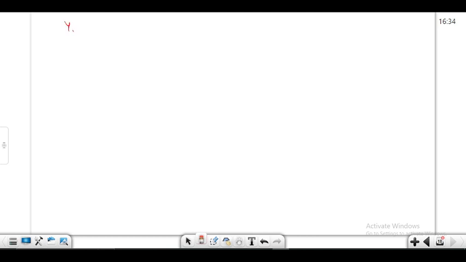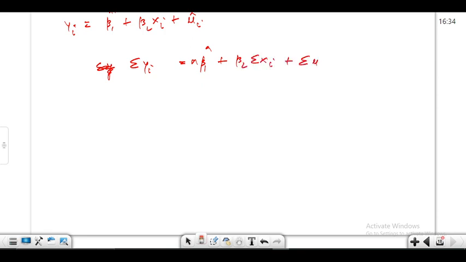So I know that yi is equal to beta 1 hat plus beta 2 hat xi plus ui hat. Okay, now summation yi is equal to n beta 1 hat plus beta 2 hat into summation xi plus summation ui hat.